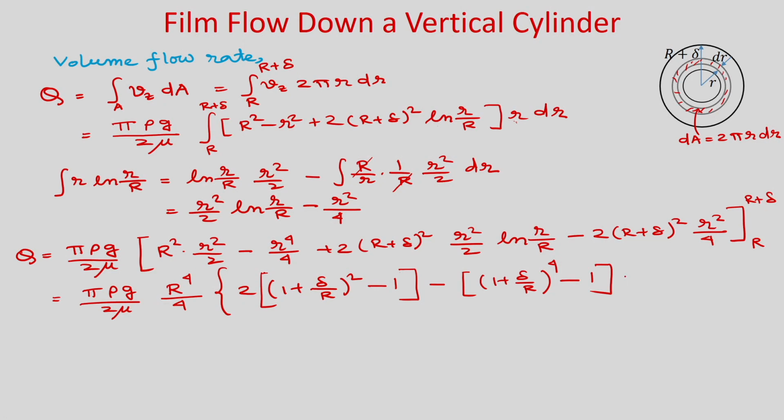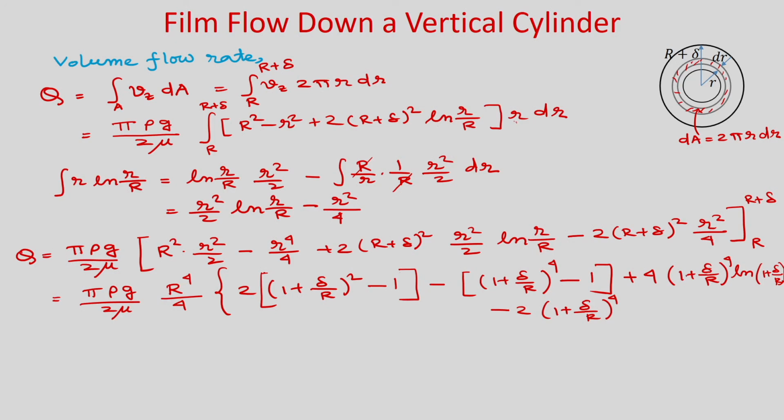So, it will be plus 4 1 plus delta by r to the power 4, okay, and we will get ln 1 plus delta by r, then minus 2 1 plus delta by r to the power 4, okay, and one term will become 0 because it will be ln 1.